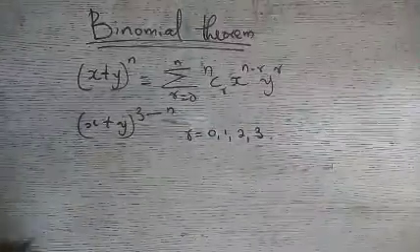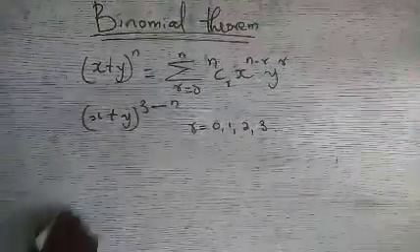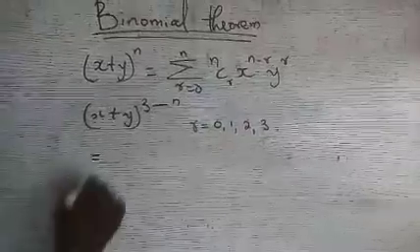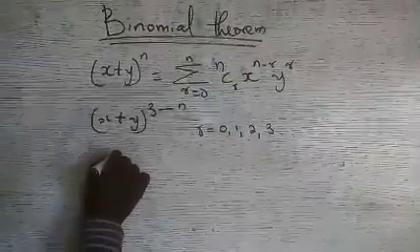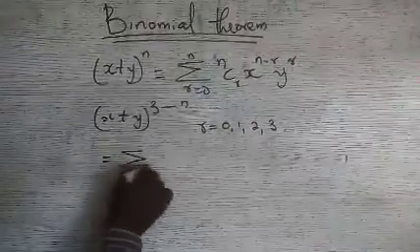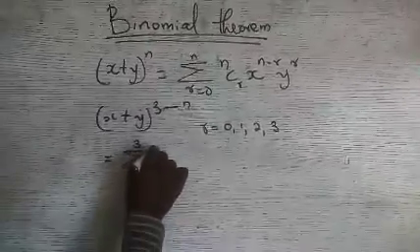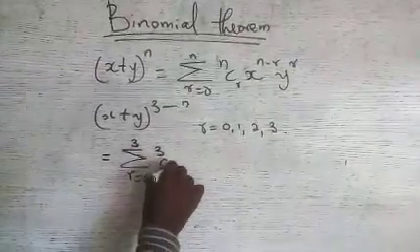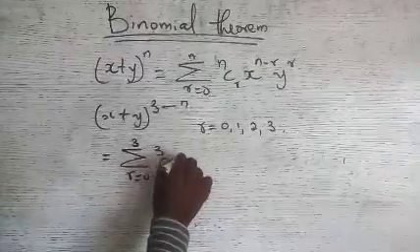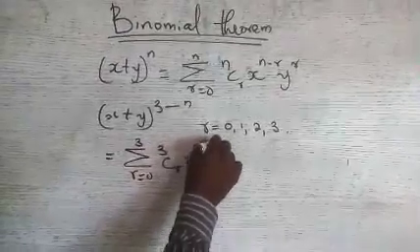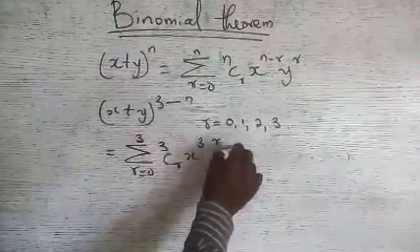Now, you start doing that one after the other. This will now be equal to summation r equals 0 to 3, 3 combination r, x raised to power 3 minus r, y raised to power r.